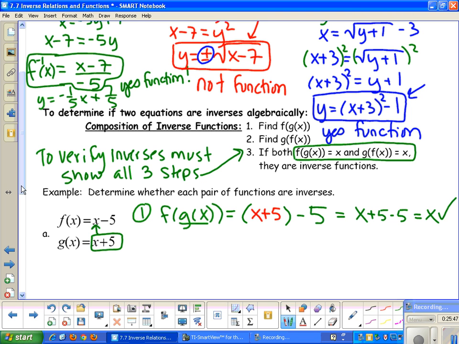Now I need to do my second step. For my second step, I'm going to take my equation and do g of f of x. So now I'm taking this f of x equation and plugging it in for x into g of x.